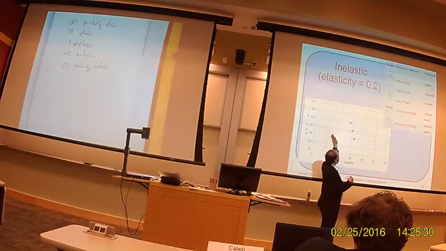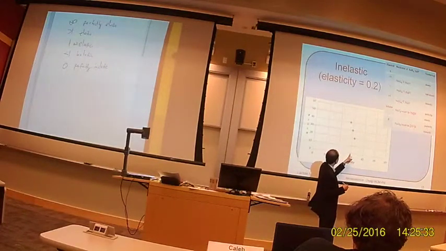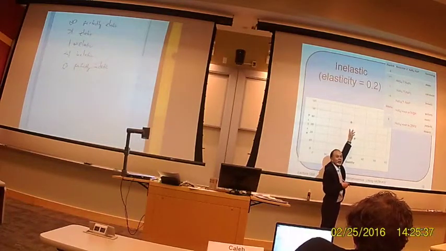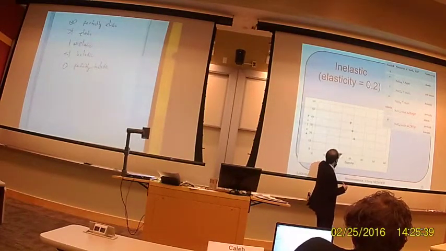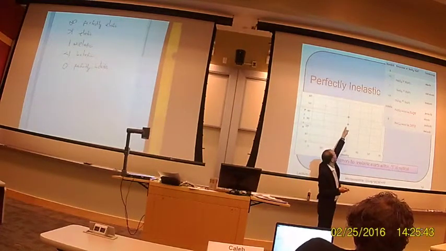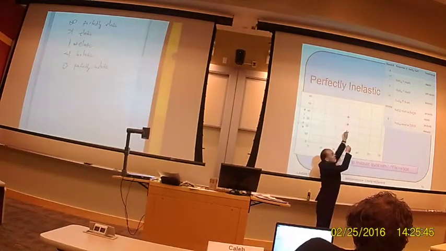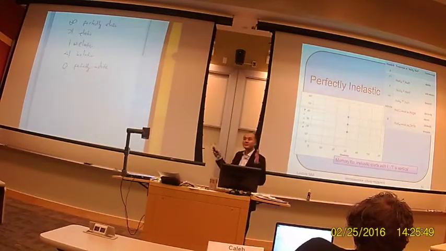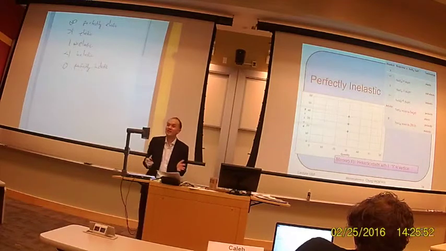How much does the Q change? It doesn't change by very much. It changes from 30 to say 28. So in this case, it would be pretty inelastic. The adjustment is pretty small. If I apply a price change and have no adjustment in quantity, that's perfectly inelastic. So that was the before class quiz question about inelastic.